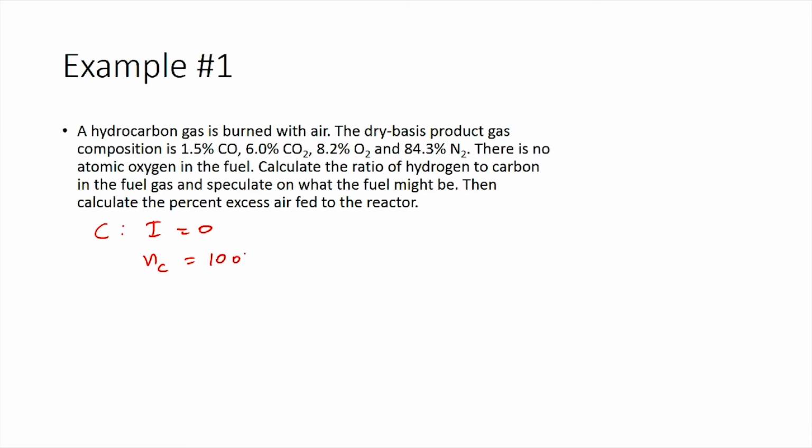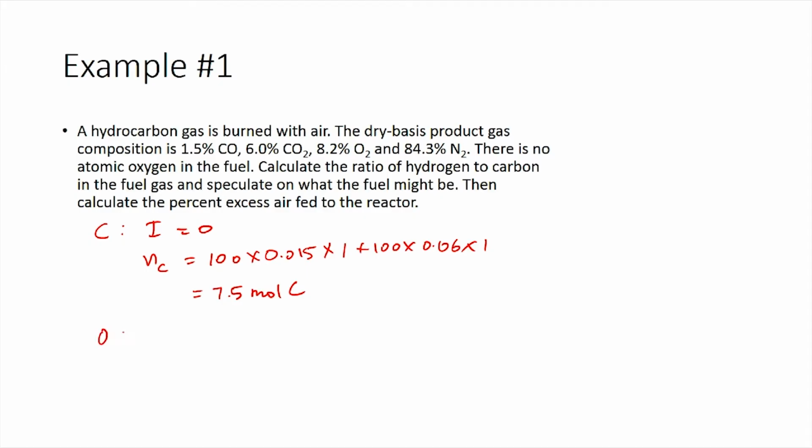So, you have 100 moles of dry gas times 0.015, which is the mole fraction of carbon monoxide in the dry gas, times 1, which is the number of atoms of carbon present in carbon monoxide. This plus 100 times 0.06 times 1, which is the amount of carbon atoms leaving in the form of carbon dioxide. So, solving this, we get 7.5 moles of carbon is present in the input fuel gas.